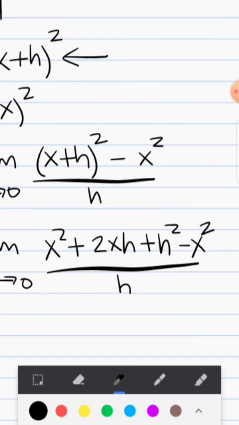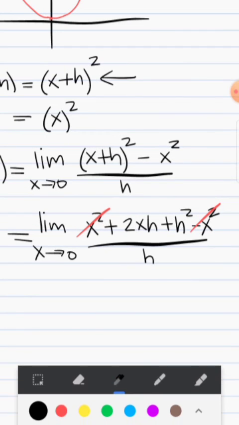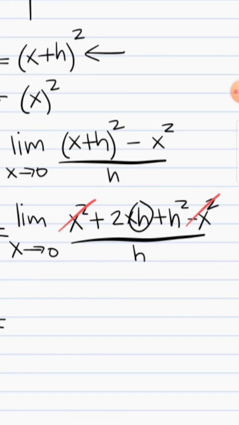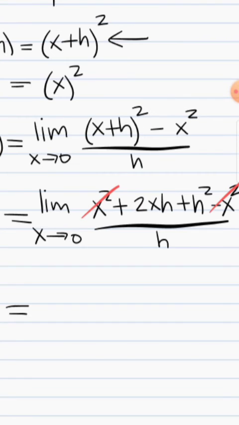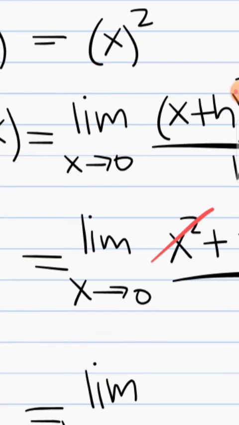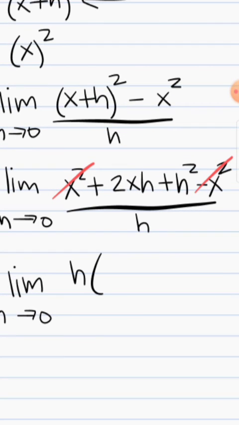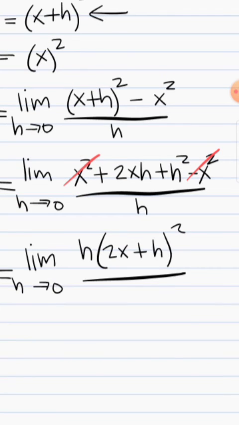So you can see x squared minus x squared is 0. And if we factor out h, since h is common to these two terms, we're going to get the limit as h approaches 0 of h times 2x plus h, all over h.